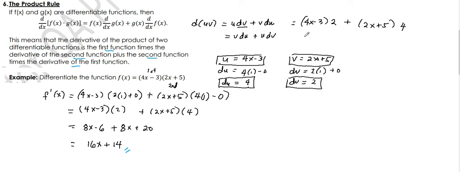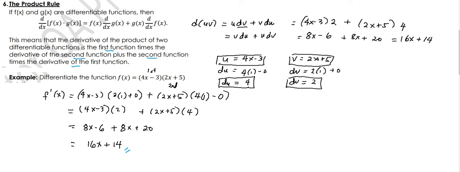So, we have 4x times 2, that is 8x, minus 3 times 2, that is 6, plus 4 times 2, that is 8x, plus 5 times 4, that is 20. So, we will get 8x plus 8x, that is 16x. And negative 6 plus 20 is positive 14.